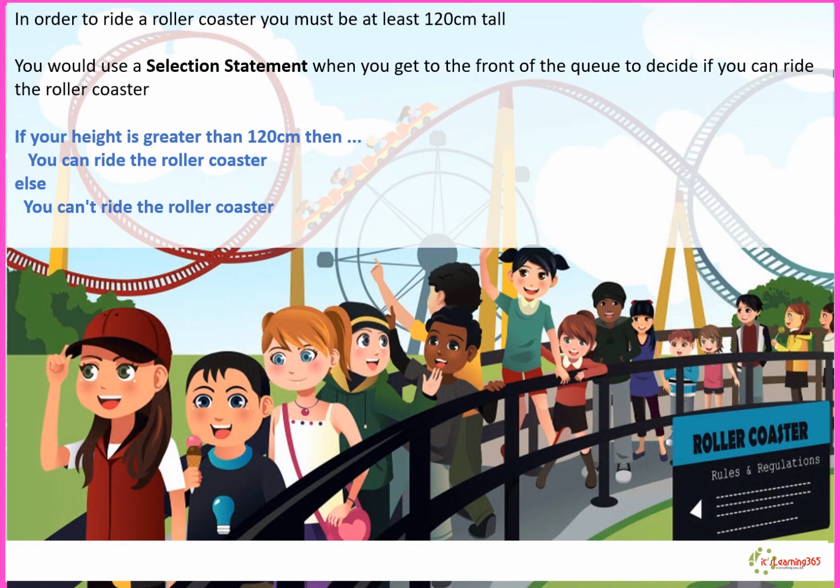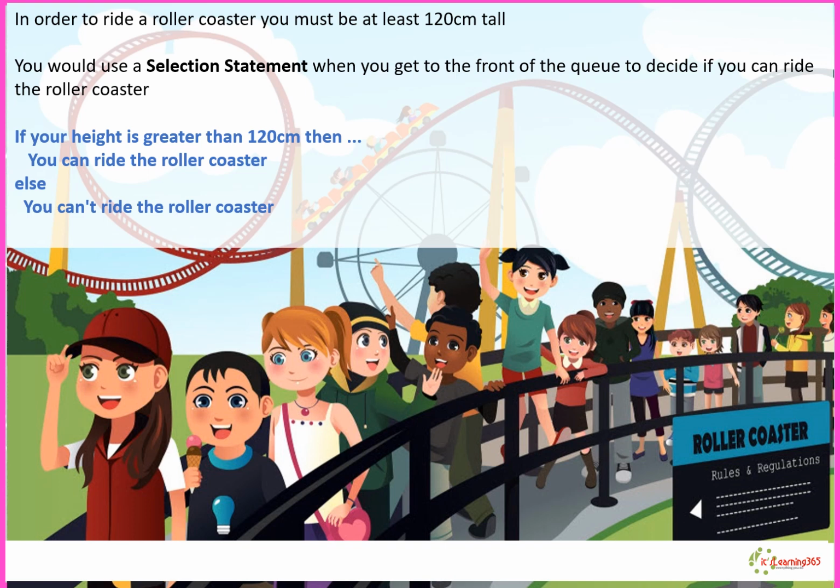Think about this example of selection. You're at the theme park in the summer with all of your friends, and you're queuing to go onto one of the big roller coasters. As you go into the queue, there is a sign that says you've got to be 120 centimeters tall to ride the roller coaster. By the time you've got to the front of the queue, you've had to make a decision as to whether you can ride the roller coaster or not.